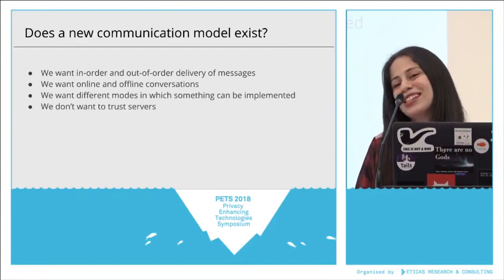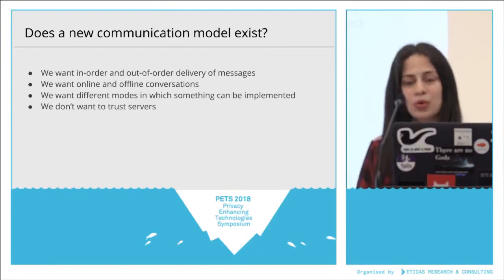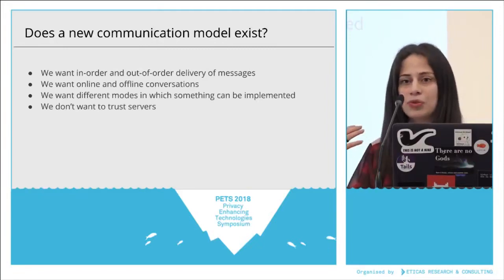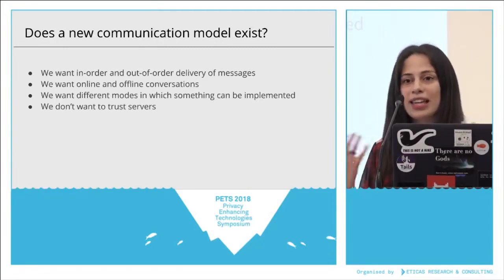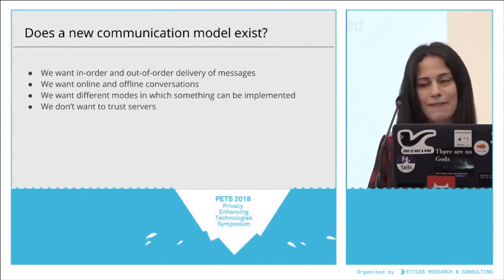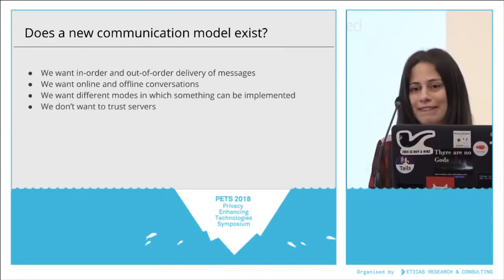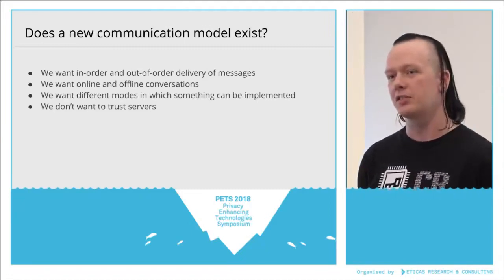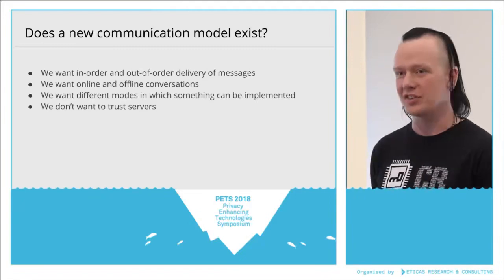Why? Because we want the security properties that we provide with OTR 4 to work by themselves, not because we have to trust a server or because we have to trust that it goes well or we have to trust something else. We want them to go well even if the server is untrusted. Just to mention one additional point here. This puts us in a slightly awkward position, as we will see a little bit later, because we do want to support offline conversations.